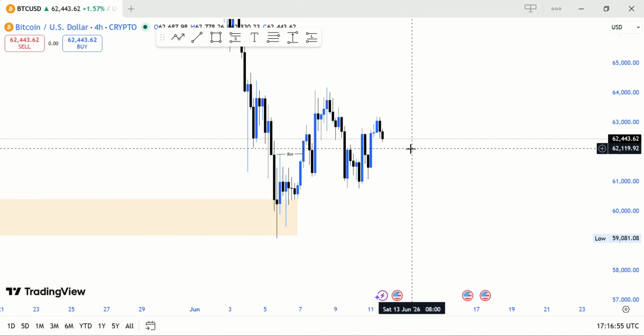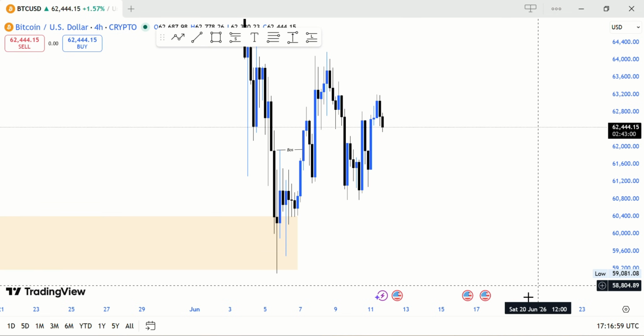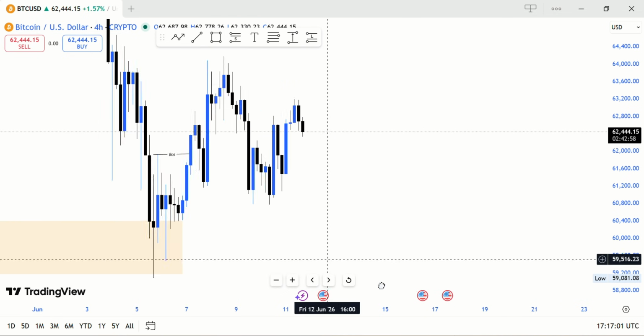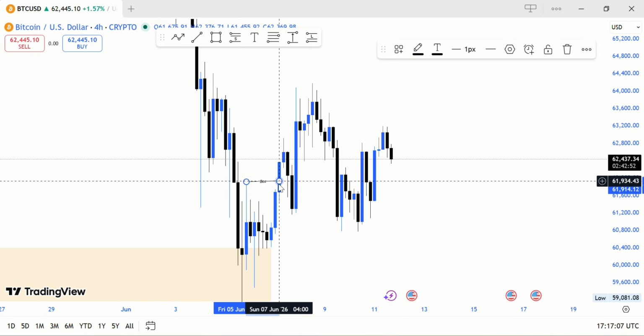Guys, remember, keep it simple. Just keep it very simple, and I make sure my chart is always neat. There's another thing, I make sure the chart is neat so that there won't be any form of confusion.